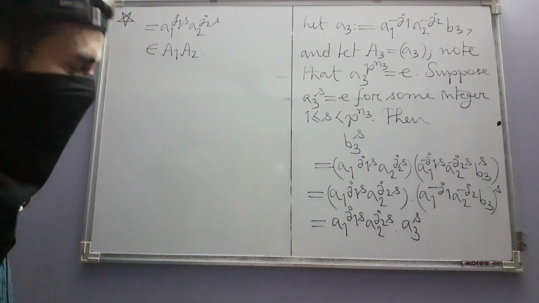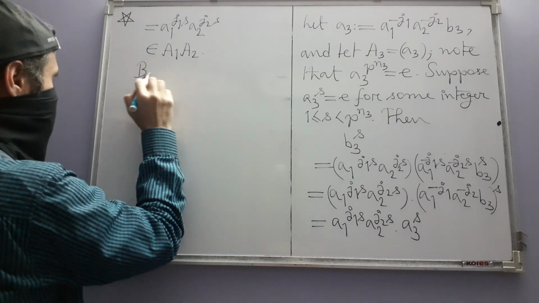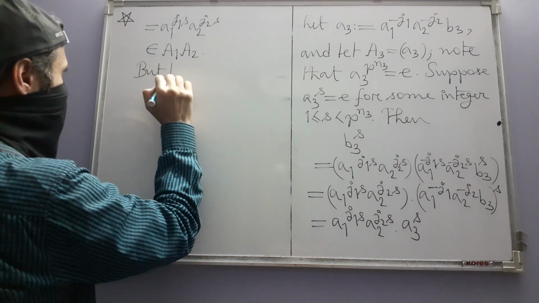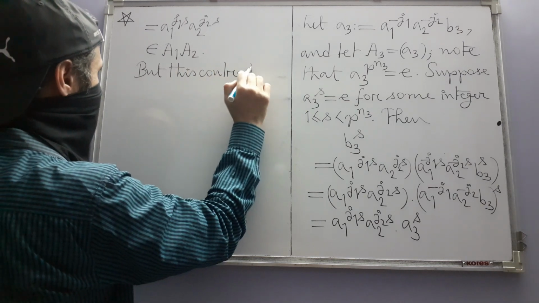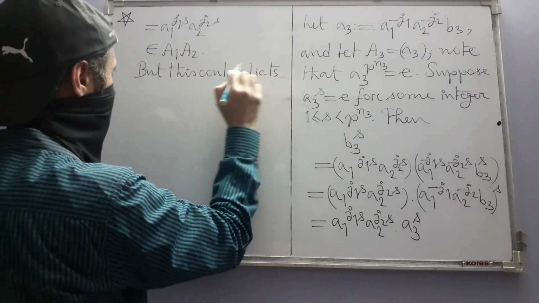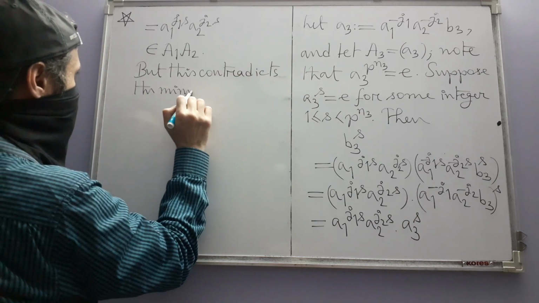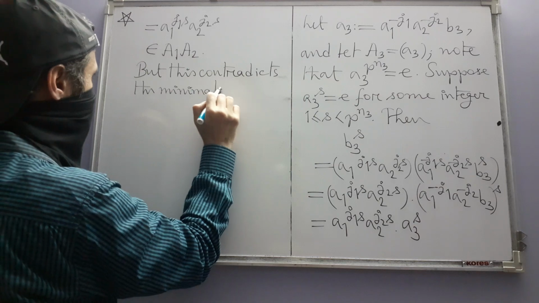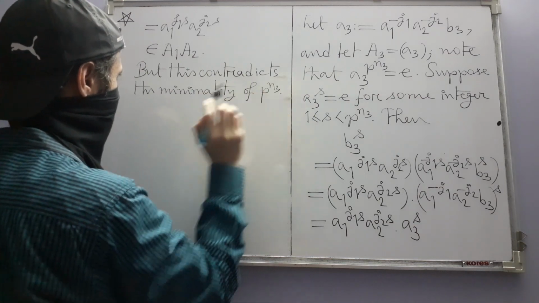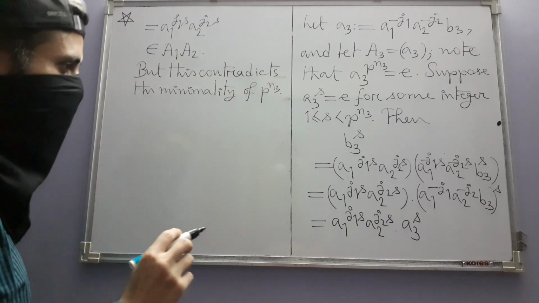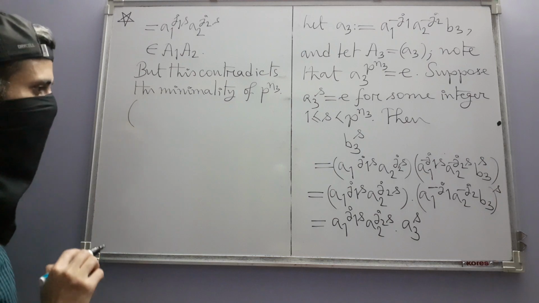Okay, now I understood. But I will explain. Let me first write: but this contradicts the minimality of p to the power n3. What minimality? Let's explain it here.